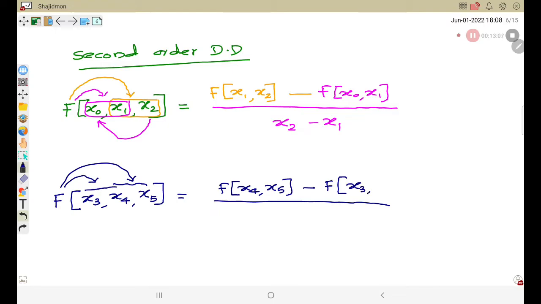So x3 comma x4 divided by the last x number minus the first x number. So x5 minus x3. So like this we can write the rules for finding the divided difference, but it is better to study logically so that it is easy to write the divided difference numbers. Okay, so this is the idea of the divided difference table.